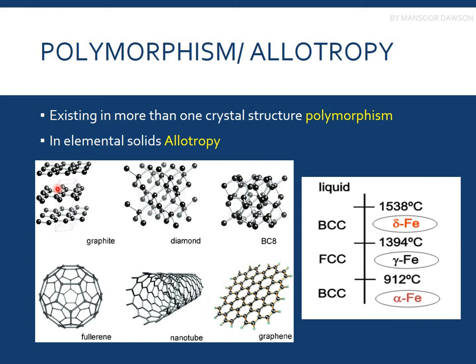So next, the other example is basically the example of iron, which I was discussing in the previous slides. That alpha iron, you can see over here, from room temperature to 912 degrees Celsius, has a BCC structure.